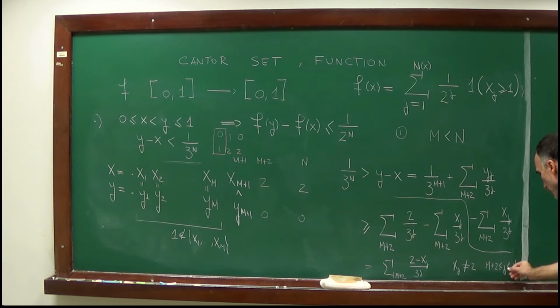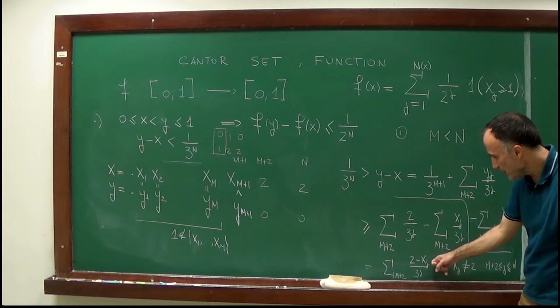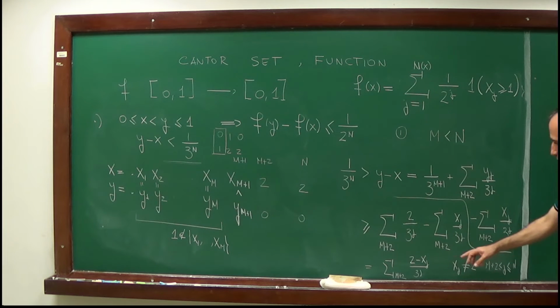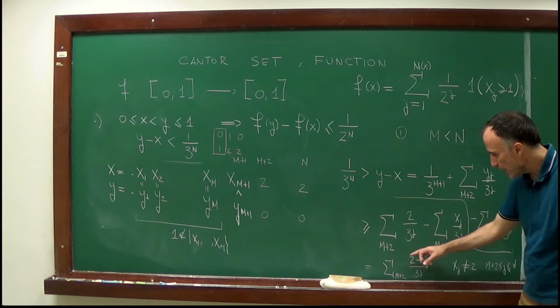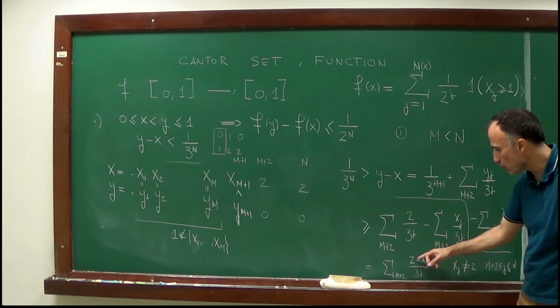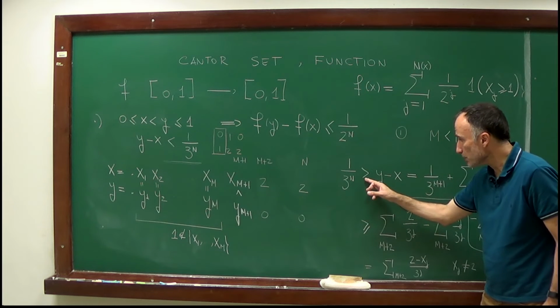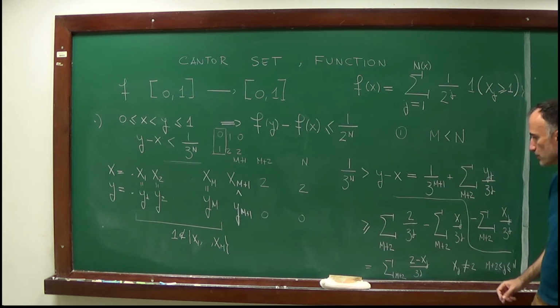If I go up to n, so if here x_n is not equal to 2, I have here a contribution which is either 2 over 3^n or 1 over 3^n, and that strict inequality here will be false.